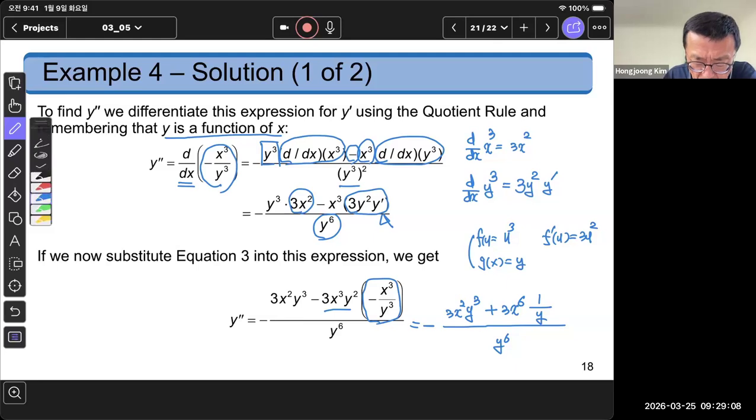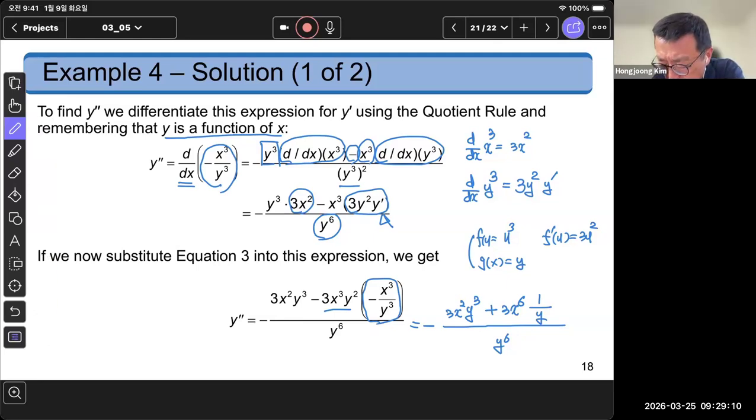If I multiply y in the numerator and denominator, this y will cancel with the second y, and then the power becomes 4.